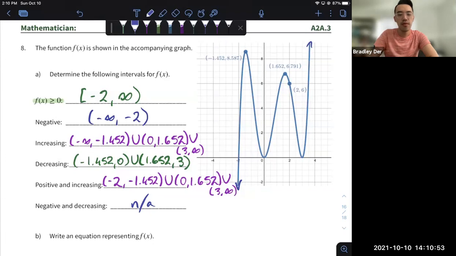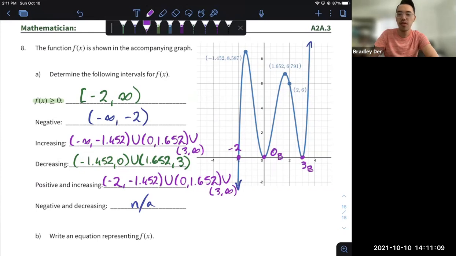Right, but now we have to write an equation representing f of x. All right, so we've got an intercept at -2, an intercept at 0 with a bounce, and an intercept at 3 with a bounce.